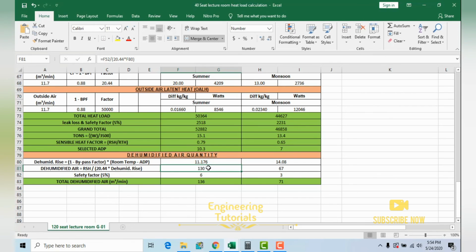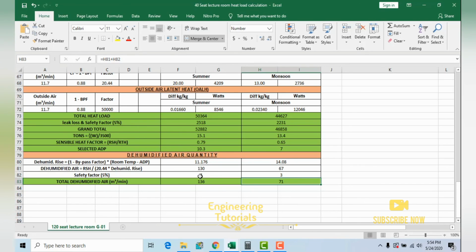So after that we get the dehumidified air is 130 cubic meter per minute for summer and 67 for the monsoon. So now we are going to use 5% safety factor for summer and monsoon, and final dehumidified air quantity we have calculated for summer is 136 cubic meter per minute and 71 cubic meter per minute for the monsoon.